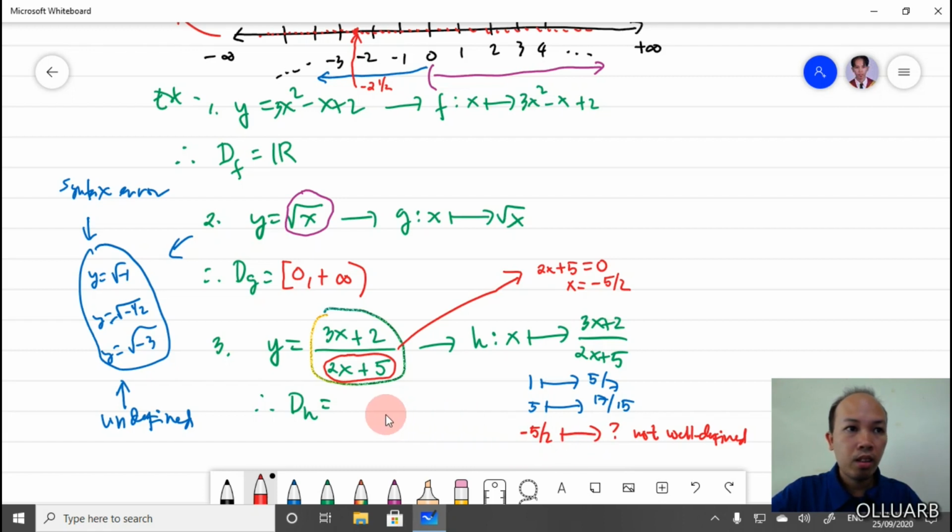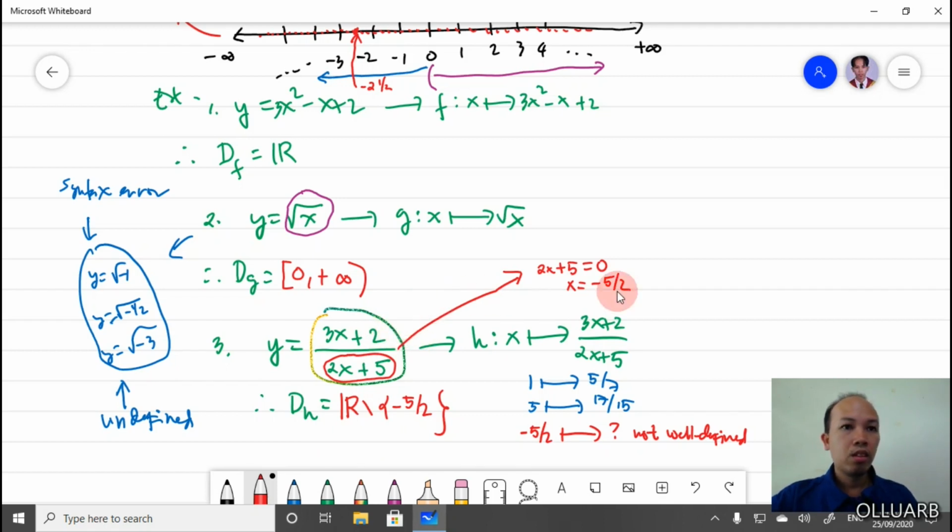So our answer here is all real numbers, and then we exclude negative 5 over 2. So that's how you find the domain of a rational equation.